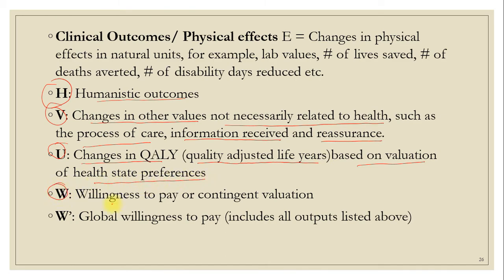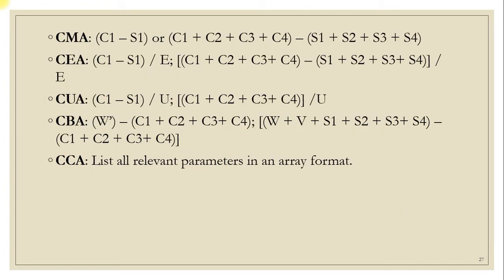Then W is willingness to pay or contingent evaluation, and W dash is a global willingness to pay, which includes all outputs listed above. Okay, so we have different methodologies, and these are the calculations of it. That is CMA is equal to C1 minus S1, or it can also be given as C1 plus C2 plus C3 plus C4 minus S1 plus S2 plus S3 plus S4.